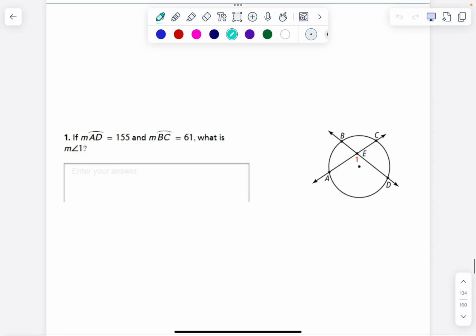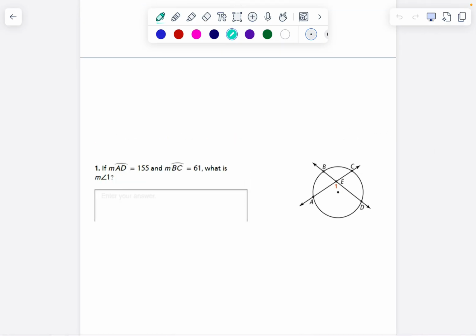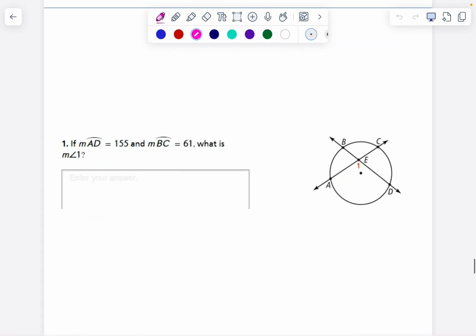We'll start off easy. It says measure of arc AD is 155. We know that's degrees. And BC is 61. What is the measure of angle 1? So which version is this? Yep, secant angles in or out?